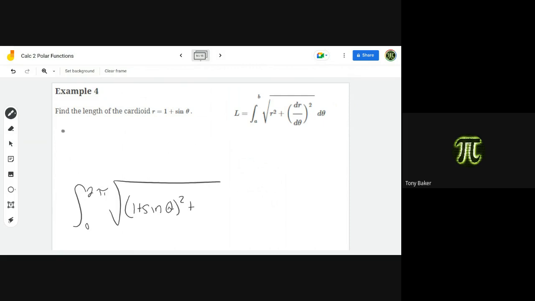And what's my derivative of this? So the 1's gone and sine becomes cosine, so cosine squared theta down here. So there's my integral.